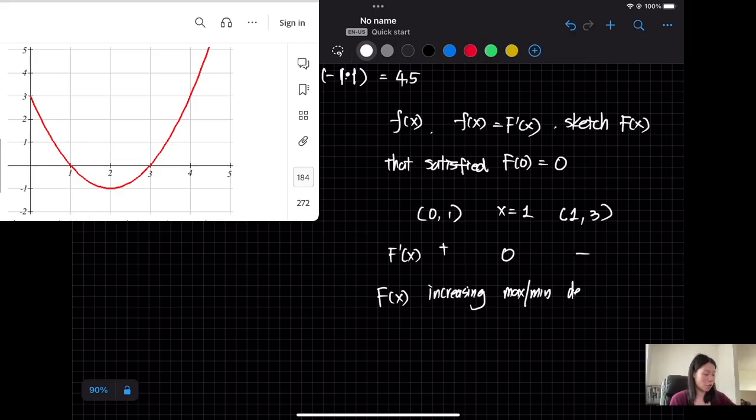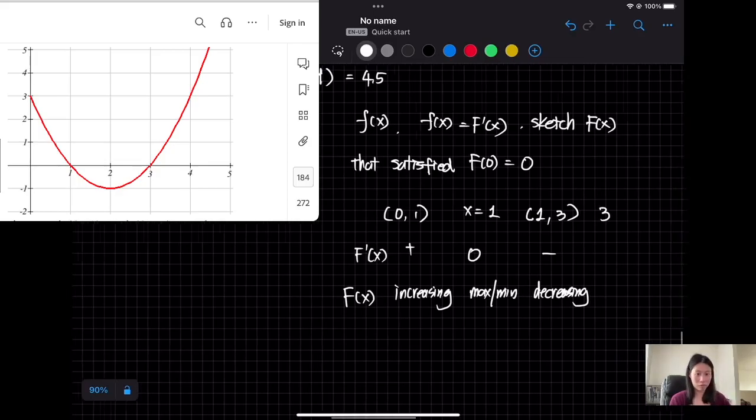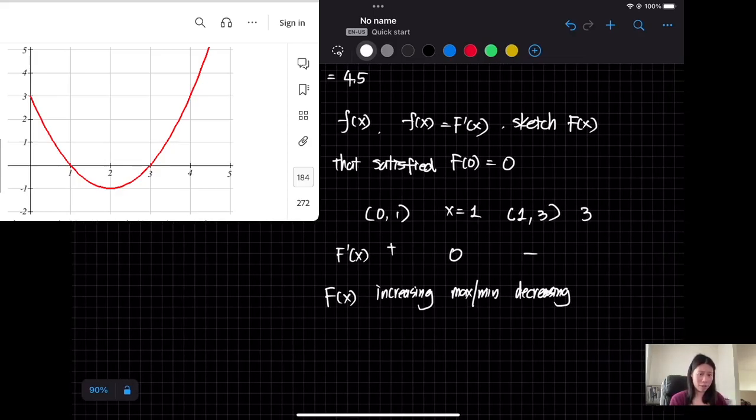So that means the original function is going to be decreasing. And at x equals 3, the derivative function equals 0, so there is a maximum or minimum. And after 3 to infinity, the derivative is positive, so that means it's going to be increasing.